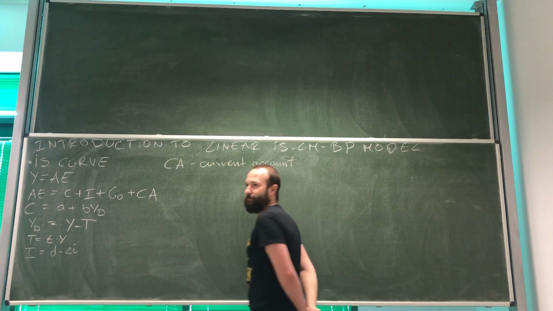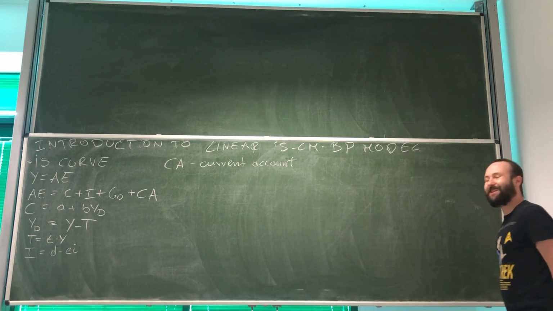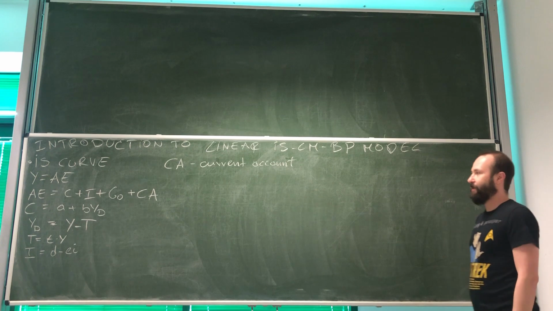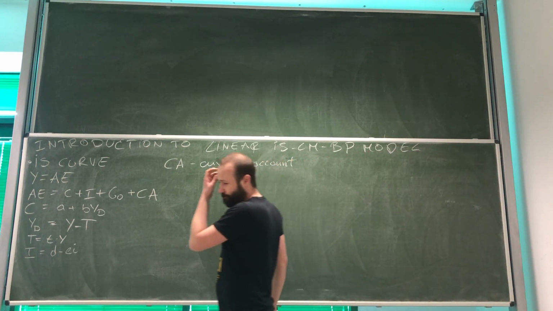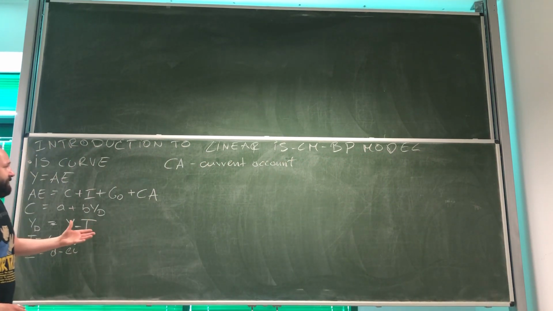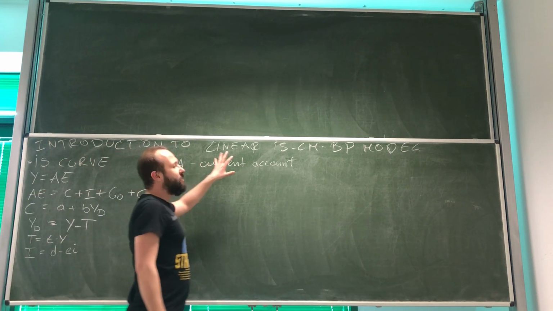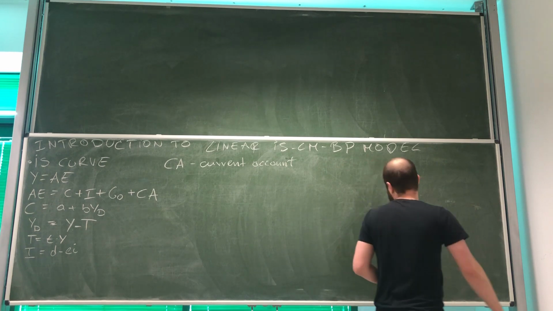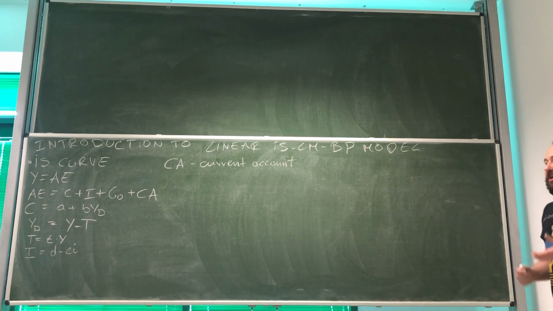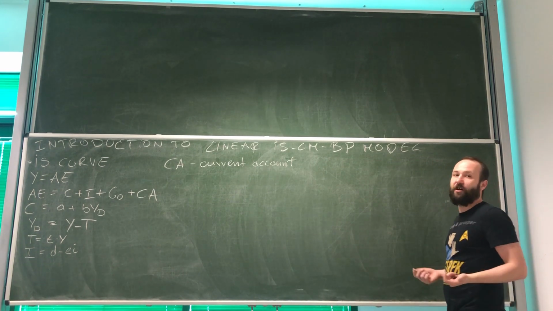Current account is a slightly more general term than trade balance or net exports that we've been using, because it also registers, for example, transfers of income.